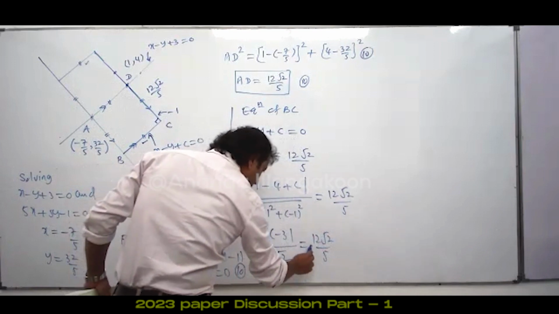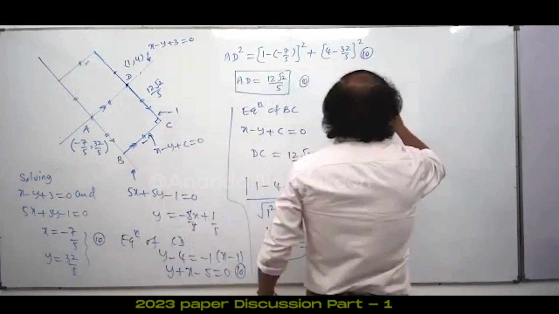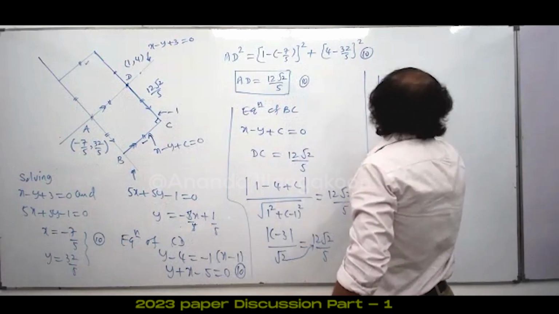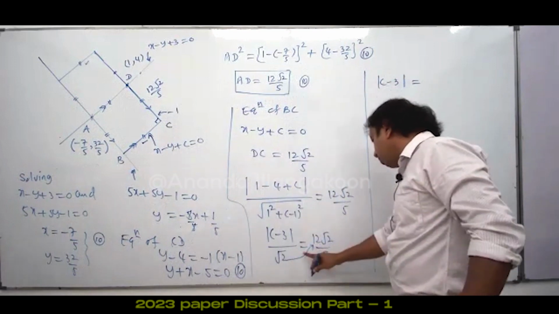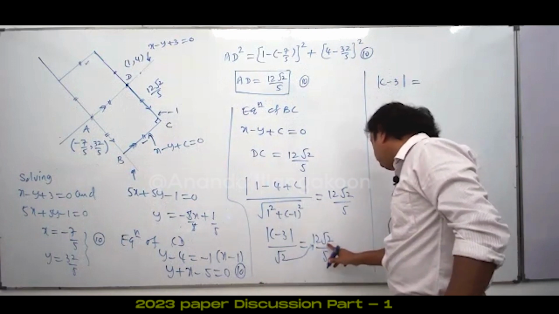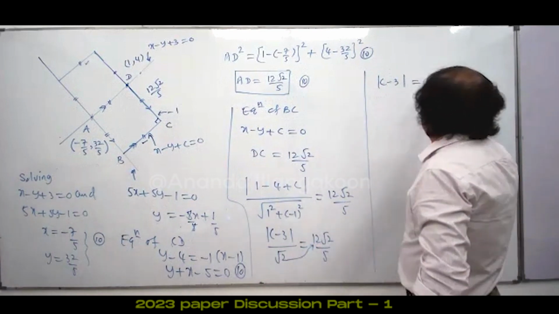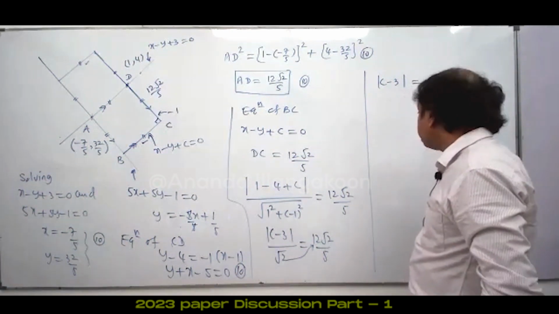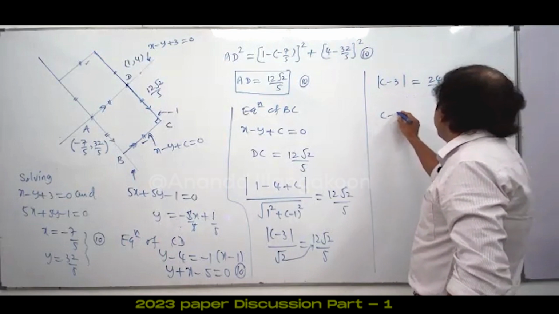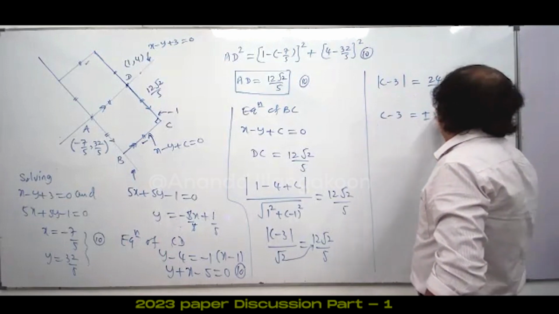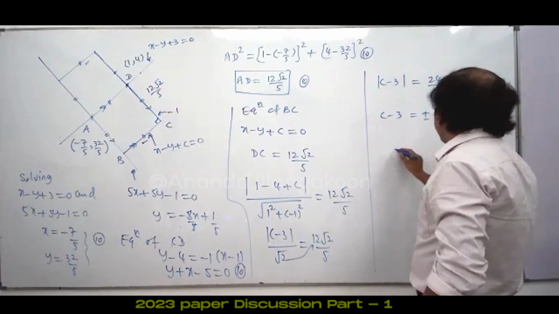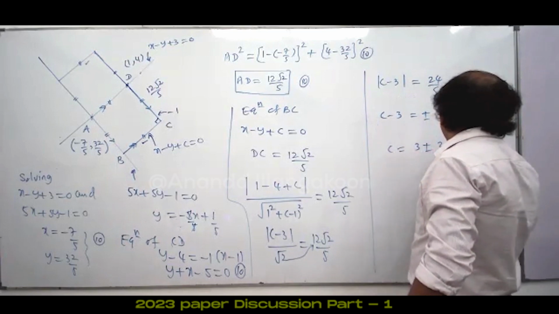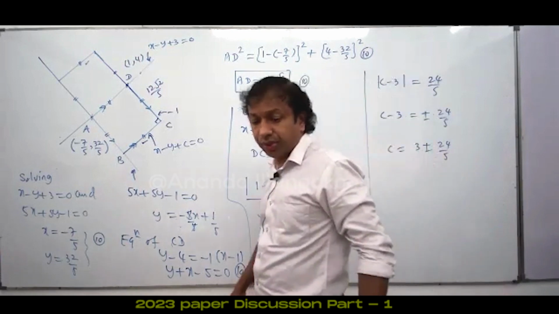Use the cross multiplication like this. What do you get there? 3 minus 3 modulus. Here root 2 into 2 is 2, no? 24 divided by 5. Then remove the modulus, put to the right hand side plus or minus. Then split the right hand side. There are two answers coming for C.